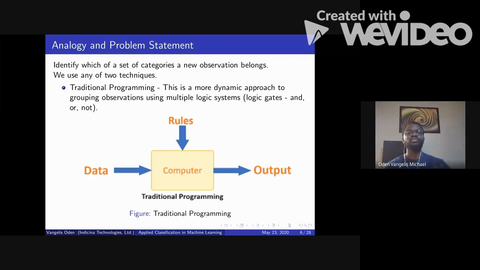So for traditional programming, we have a computer. We'll give the computer the data, the cats and the dogs, and then we'll give it some rules and tell it, if this rule is met, this image belongs to this class. If that rule is not met, then send it to another class. And then from that, our computer will take in new examples and try to give us an output.